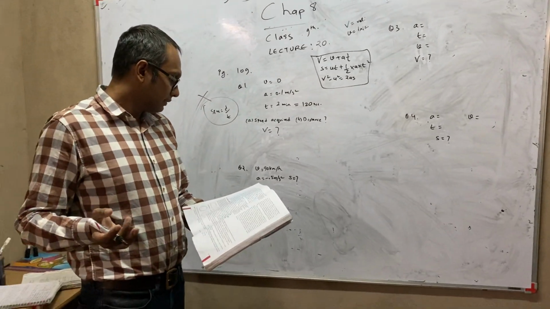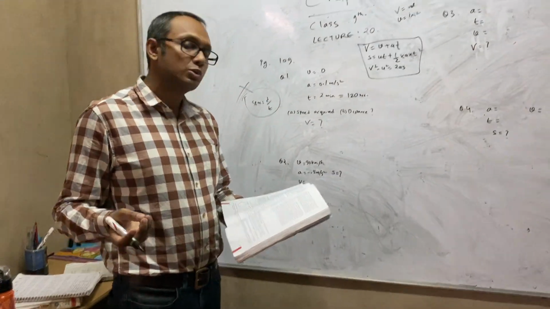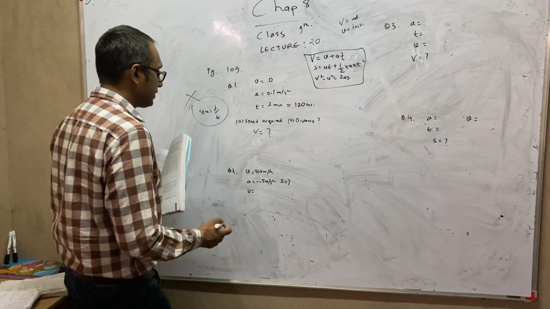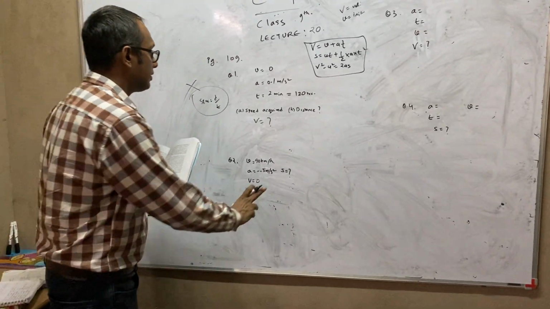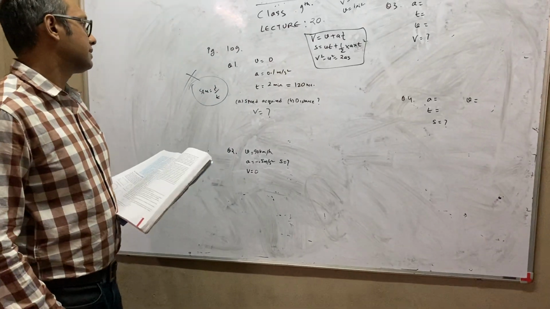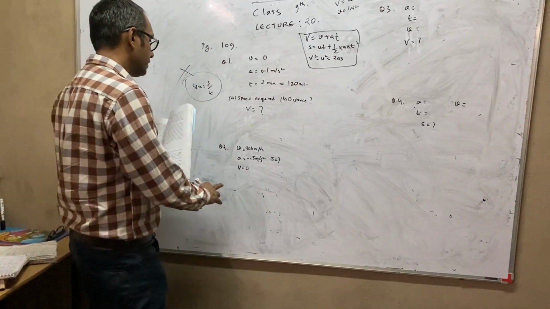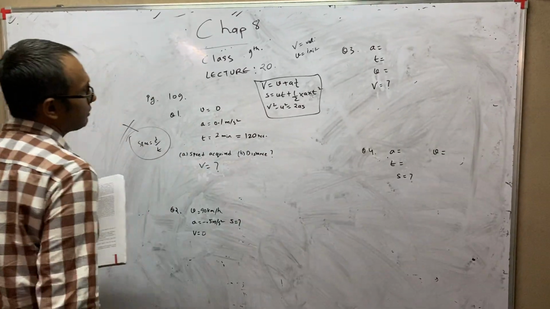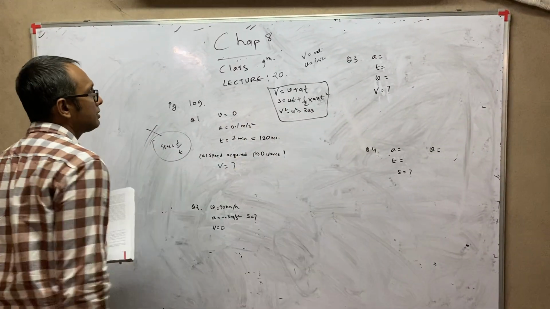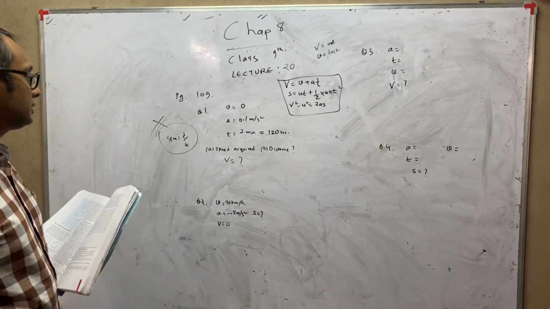Find how far will the train go before it is brought to rest. So that means final velocity is 0 because it is being brought to rest, and you have to calculate distance. So here v, u and a are given. So obviously this formula can be easily used and you can calculate the distance.